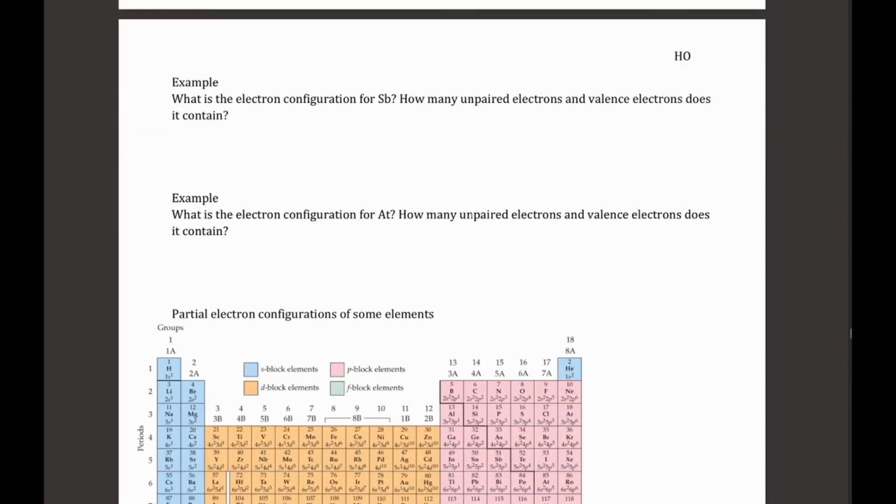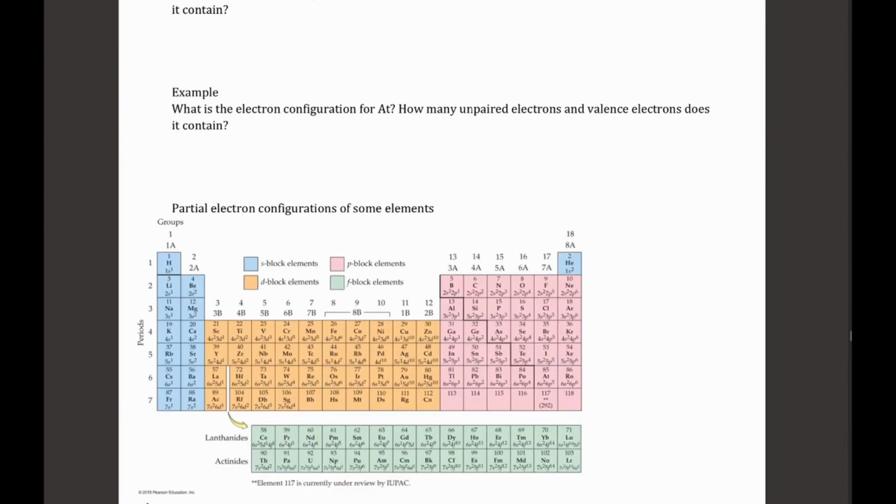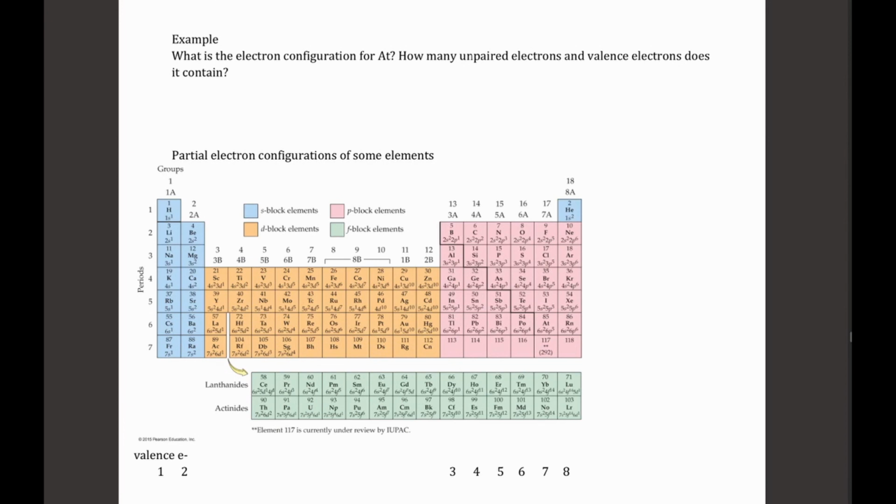Now, valence electrons. So we got an introduction to what they represent, the outermost s and p electrons. Well, all of the elements in group 1A, the hydrogen, lithium group, they have only one valence electron. All of those in group 2A, they have 2 of them.